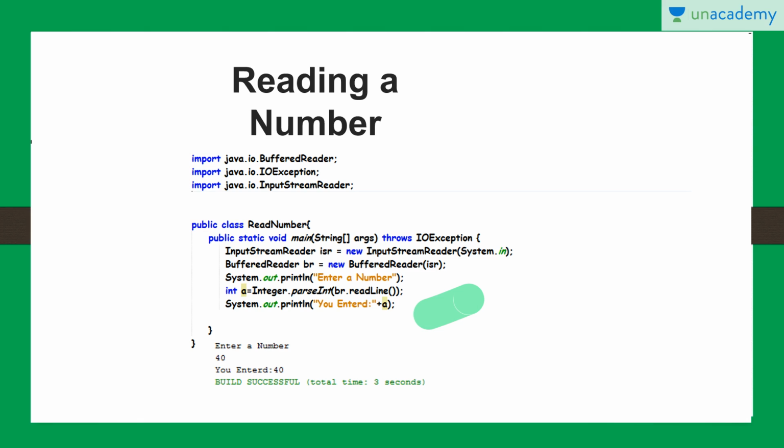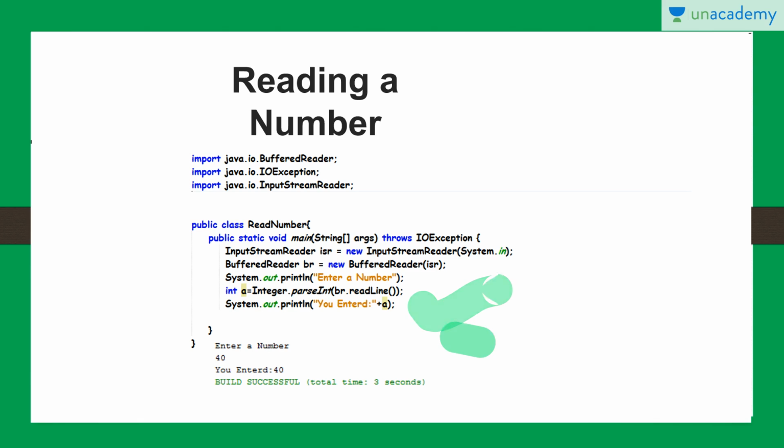For that purpose I am converting this string to a number using Integer.parseInt. What does Integer.parseInt do? It will read a string from user and convert it to a number, and I have stored this number in an integer, which is int a, and I am showing it on the monitor using system.out.println and you entered A.